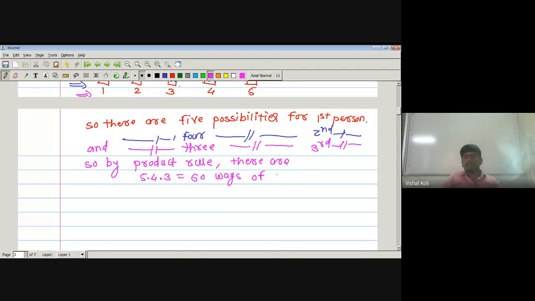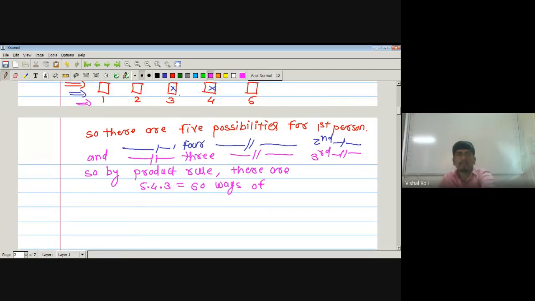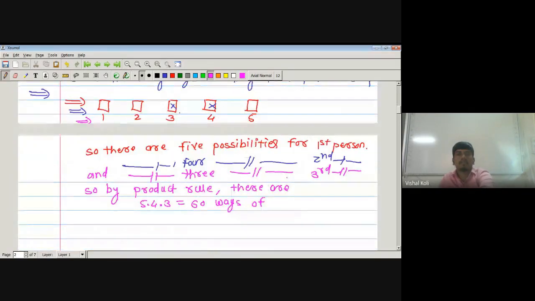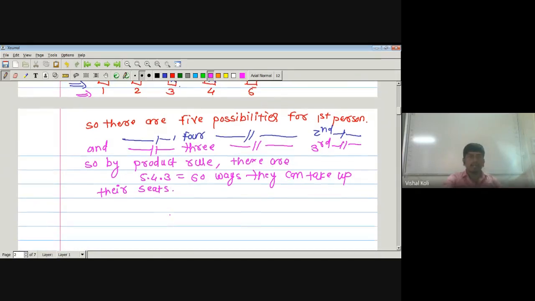That is, there are 60 ways they can take up their seats. So such problems can be solved by using the product rule.